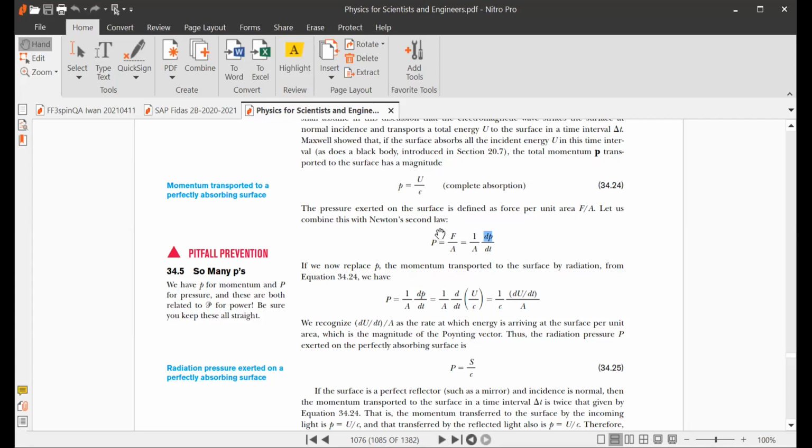The definition of pressure is F over A, where F is the force, and this force is dP over dt. So we insert this expression, 34.24, into this one, and we get this equation. So we conclude that the pressure caused by the light is equal to S over C.